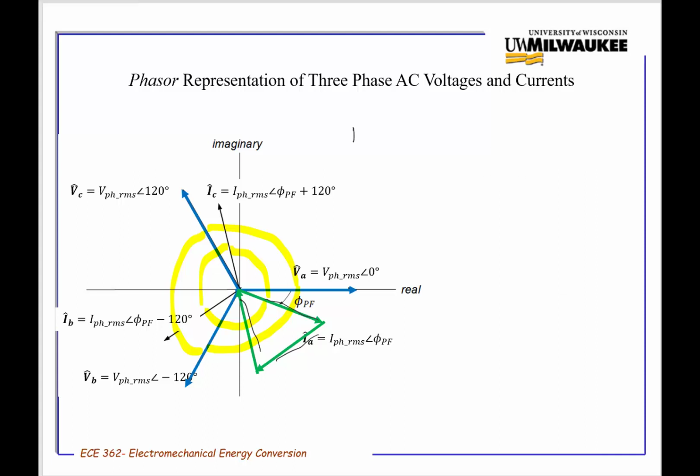There's a lot of ways we could prove this, and if you want to go off and prove it to yourself, you can. Trigonometry can certainly be used, but the sum of these 3 currents is equal to 0. One of the currents is always going to be dependent on the other two.